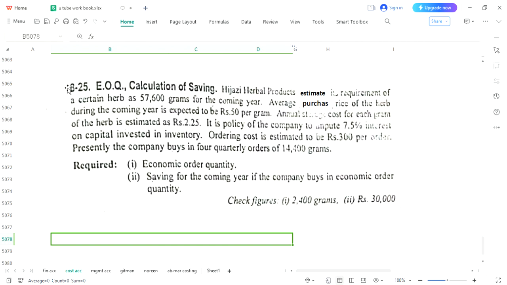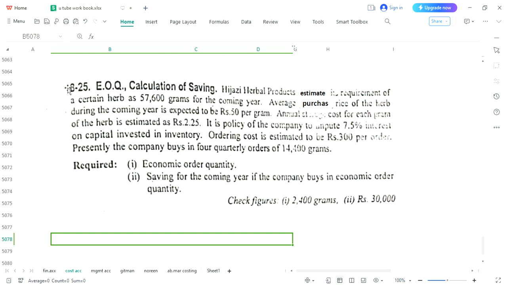So the concept is complex, but economic order quantity makes it a lot easier to make a decision about the number of units. With just a single formula, the complication is removed and you can decide how many units should be ordered.